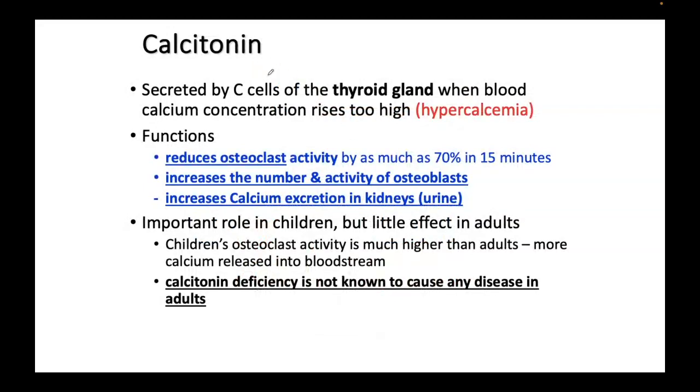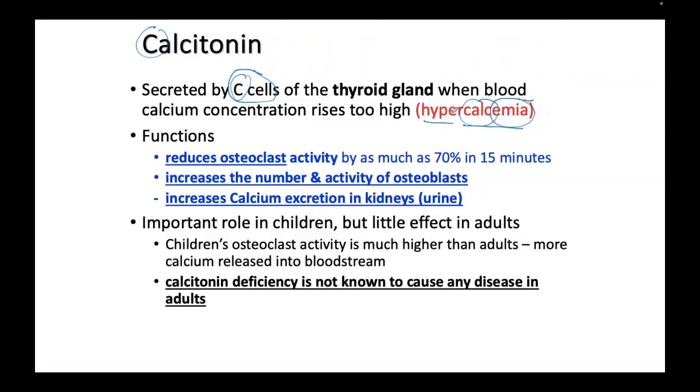Now, calcitonin is secreted by the C cells. C for calcitonin, of your thyroid gland. When the blood calcium concentration gets too high, we call it hypercalcemia. Whenever you see emia, it means blood.